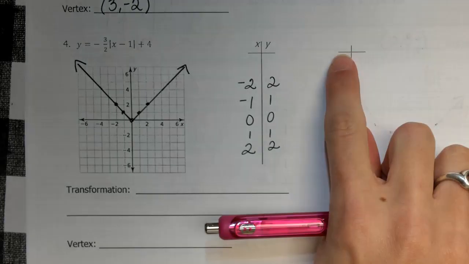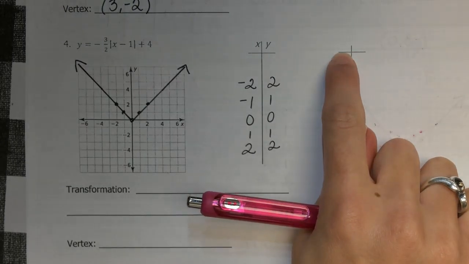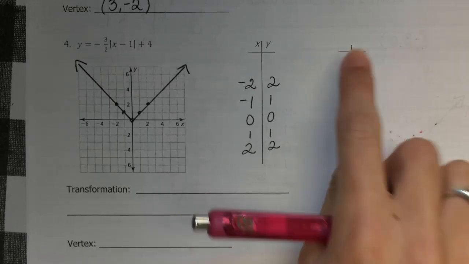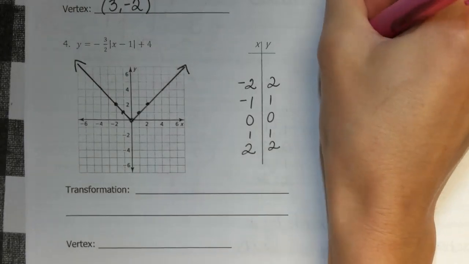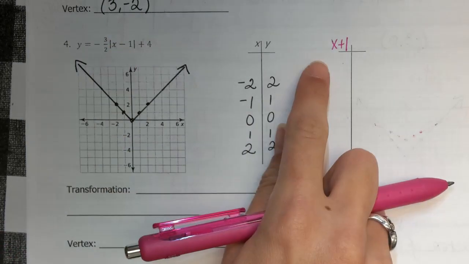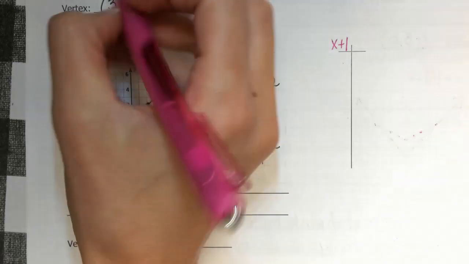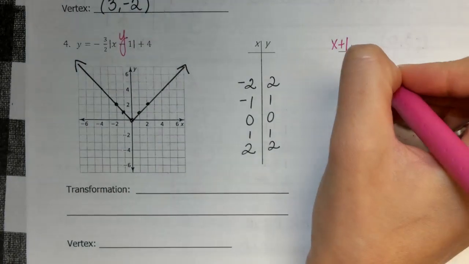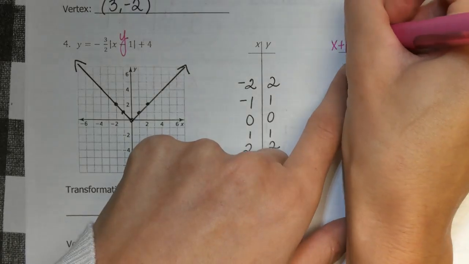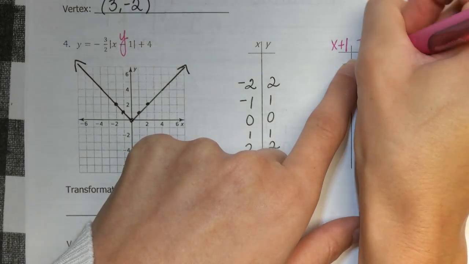What am I going to put for my x header for the table? X plus 1. I have a minus 1 in my equation, so it's the opposite, x plus 1. And then everything else is going to my y. So what am I going to write on the y header? Very good. Negative 3 halves y plus 4.